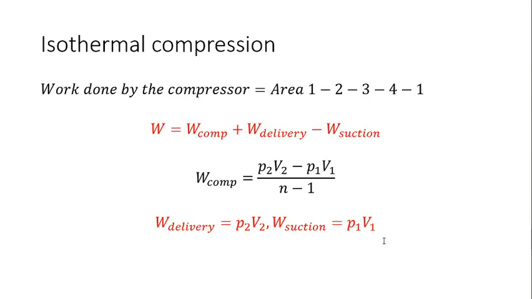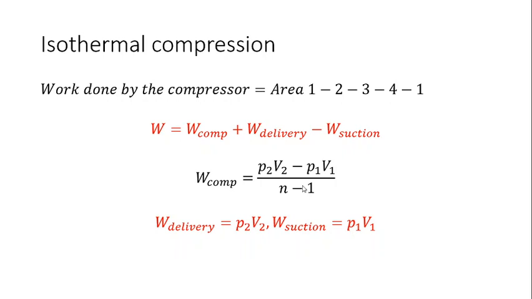Here the only difference is, for a polytropic process, the work done is equal to P2 V2 minus P1 V1 divided by N minus 1, where N is called polytropic index. You have studied this in your thermodynamic course, so I don't want to explain all these things. Okay, so this is the work done in a polytropic process.